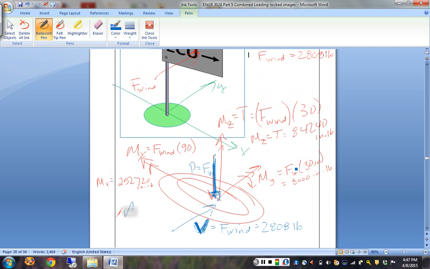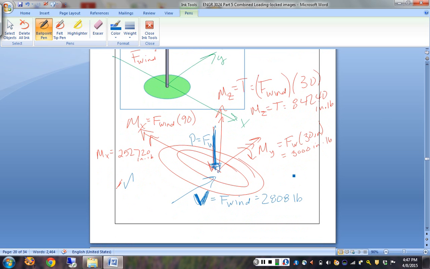And how big is the axial force? This guy's only 100. Those are trivial in comparison to these other things that we've got going on. You can analyze them, you can do the math, but their contribution is going to be orders of magnitude smaller, so we can just throw it away.